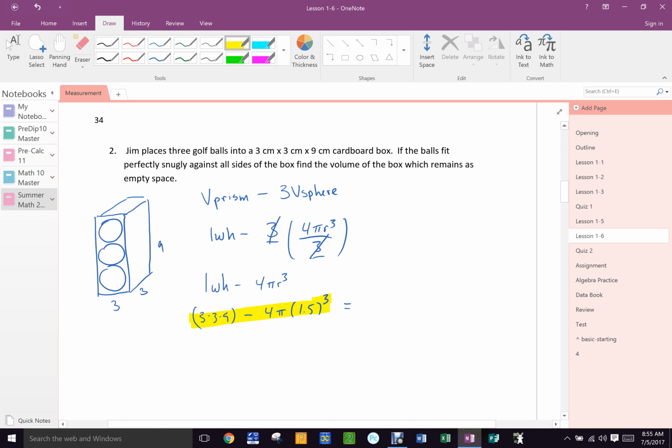And you're going to punch that into your calculator, and the answer is going to be 81 minus... I can't do that one in my head. (13.5 pi).